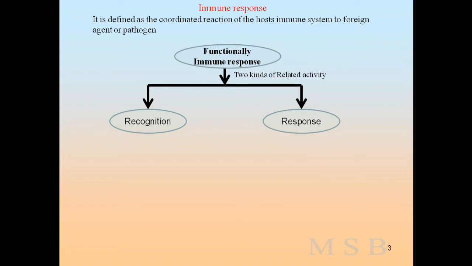It is also able to recognize chemical differences that distinguish one foreign pathogen from another, as well as foreign molecules and the body's own cells and proteins. Once a foreign organism has been recognized, the immune system recruits a variety of cells and molecules to mount an appropriate response, and this is called the effector response.